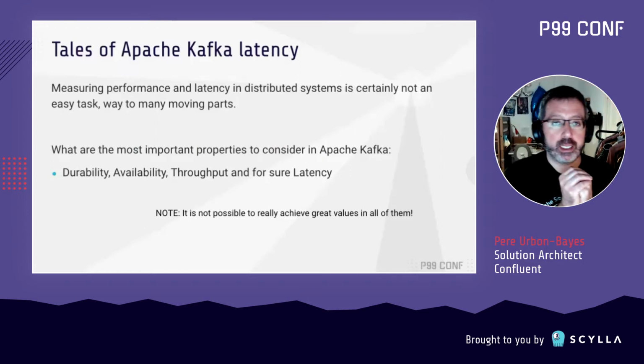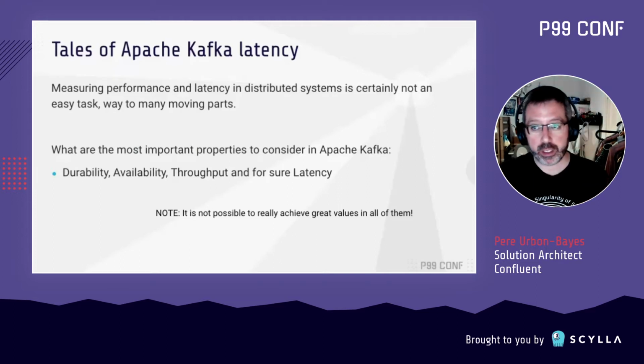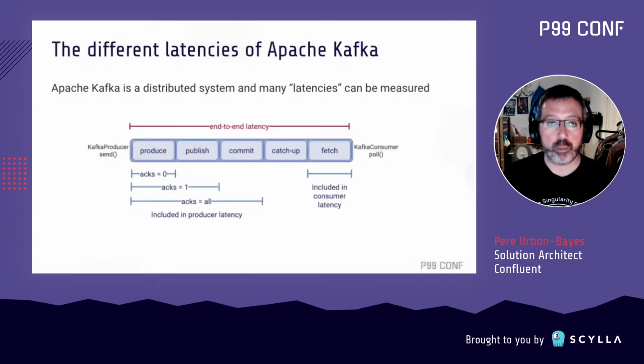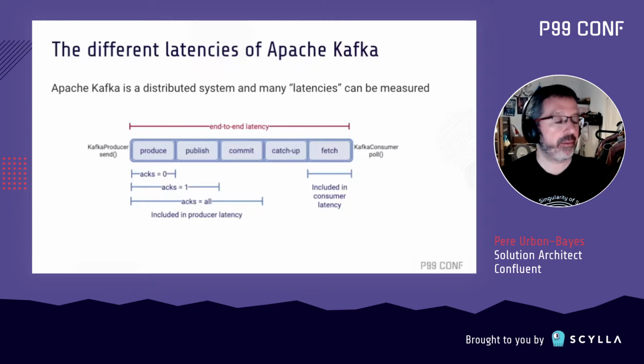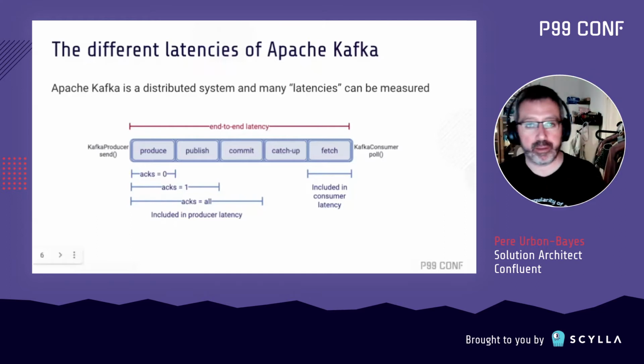There are different kinds of latencies in Kafka. As I mentioned, Kafka is very distributed, so we have producers, consumers, and the brokers, etc. There can be different times for this latency. The first one is the time to produce: the time after someone calls send until the message is actually sent into Kafka.